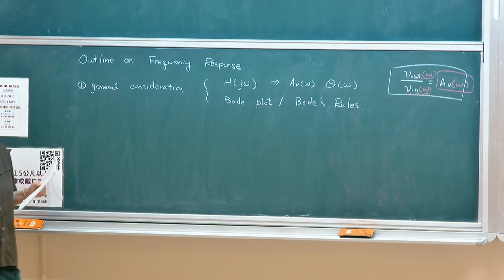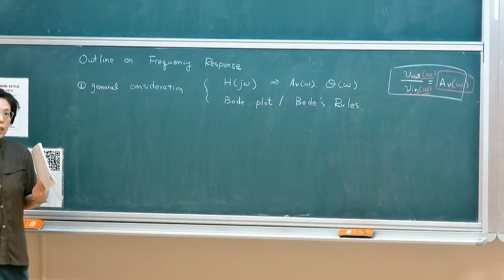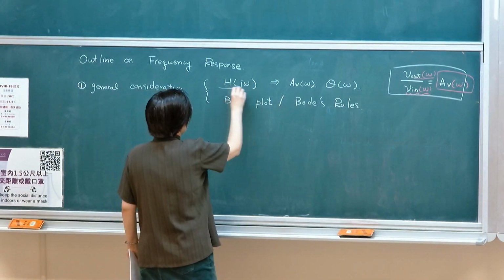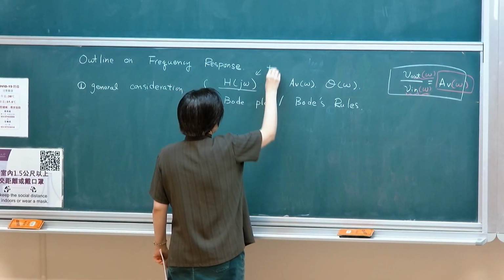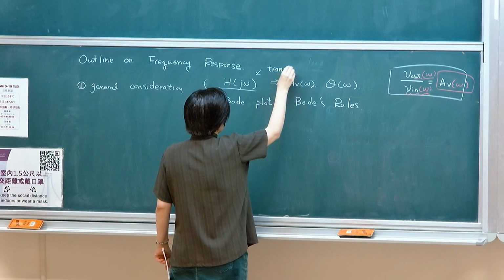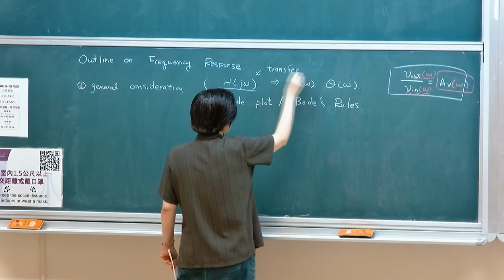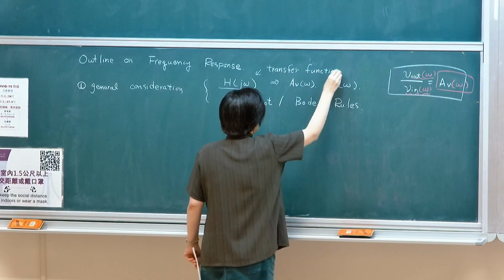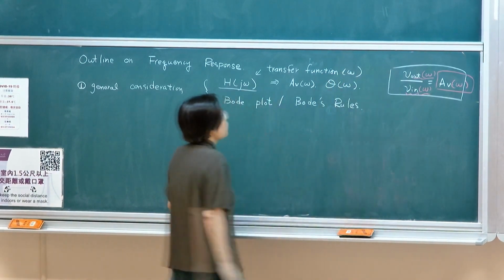So when one discusses this, instead of having a simple gain, we typically have something called a transfer function. Rather than a fixed number, it will be a function of frequency.